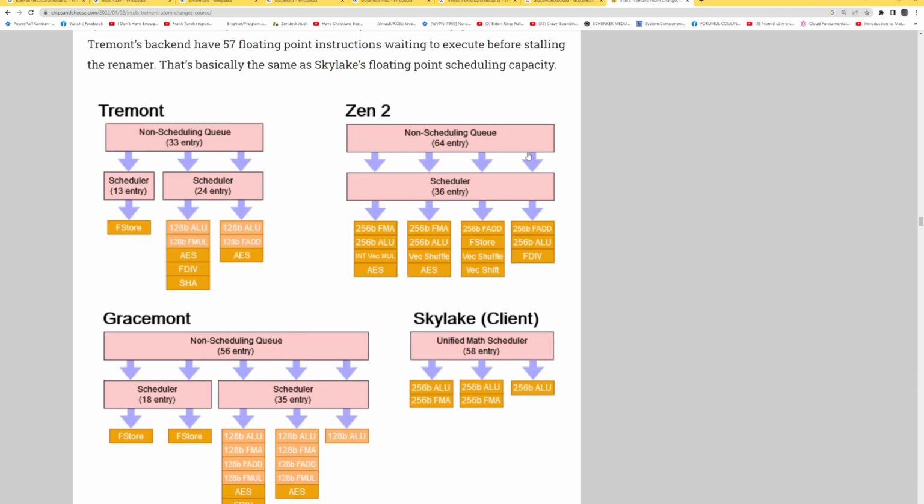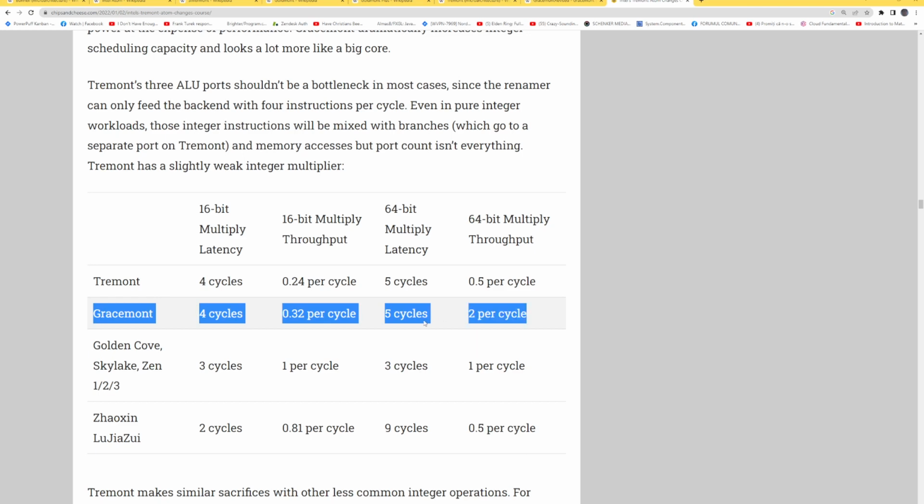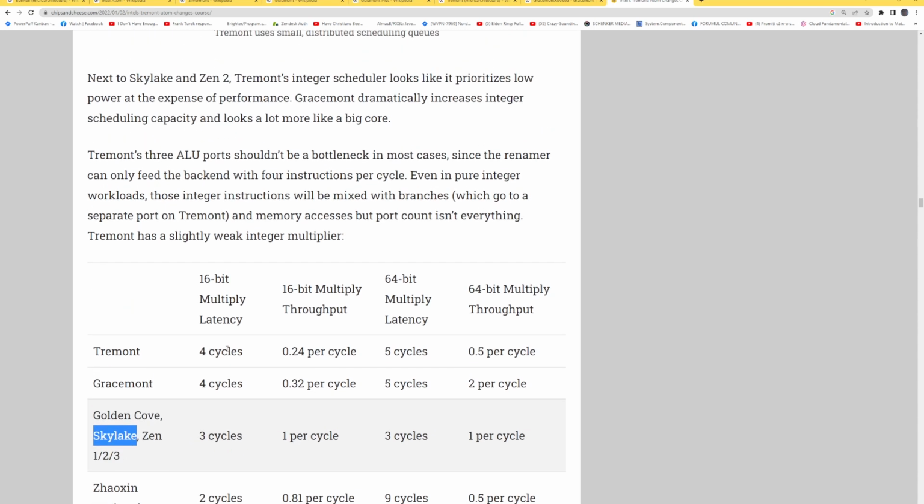If you buy a PlayStation 5 or an Xbox, the latest Xbox will have a kind of similar architecture, just a bit slower floating point multiplication. If you look at how many operations per cycle, Gracemont would be more or less just a bit slower than the fastest cores you have, like Zen 1, 2, 3 or Skylake. It's still worse, but not that bad.